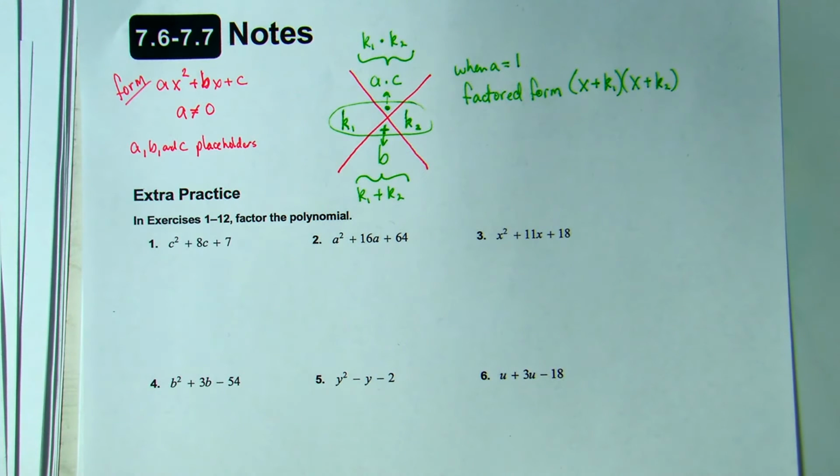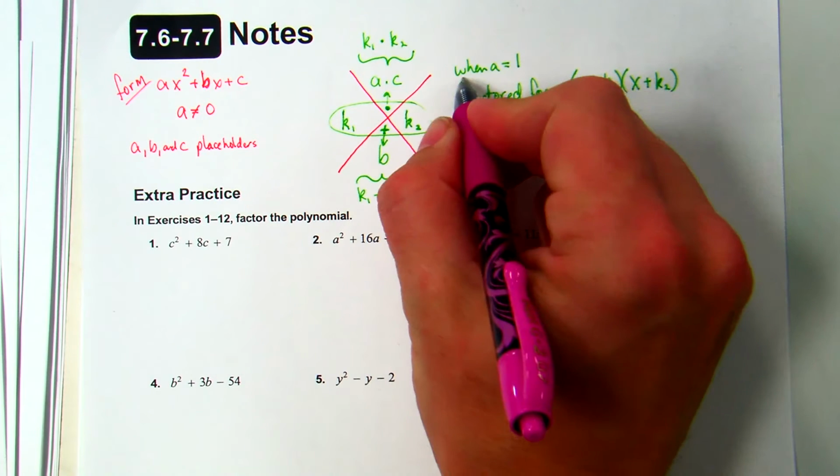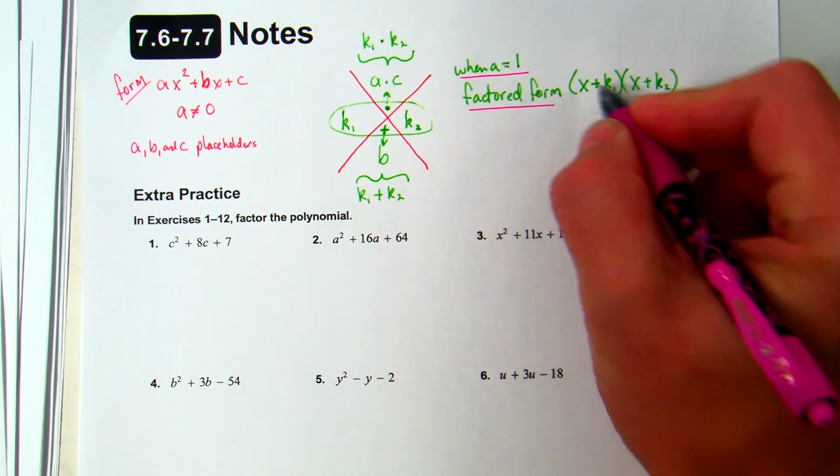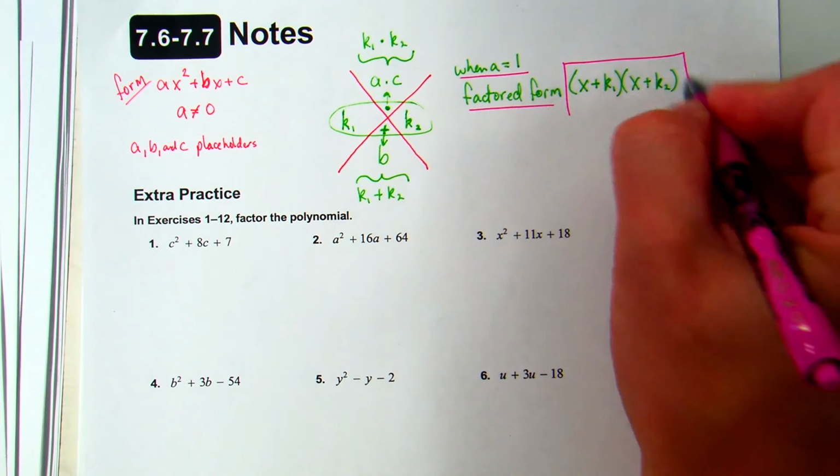And that's it. That's how easy it is. We're making sure, though, that when we're looking, we're seeing that A is a 1, and the factored form, the answer, will be this right here.